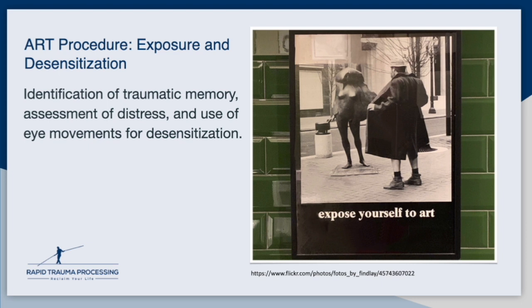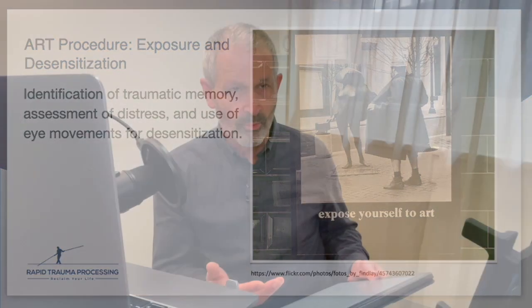The ART procedure does have the elements of exposure and desensitization. So there is this initial phase in the treatment where you need to bring up a distressing memory. That's part of what happens with reconsolidation. You need to have some kind of activation.